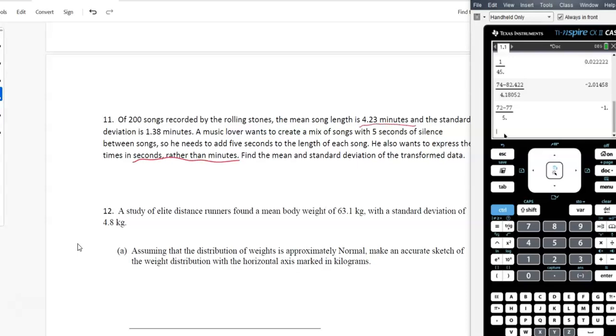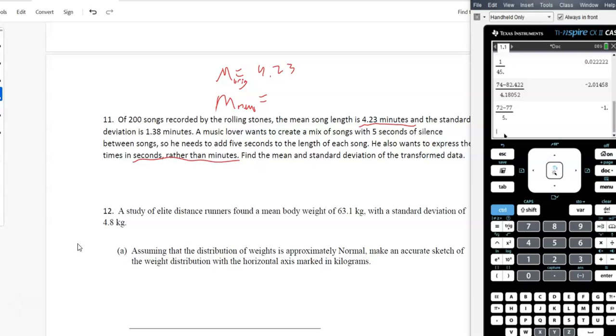So let's talk about what happens when you do conversion. If we want to convert to seconds rather than minutes, this is in minutes, so we're going to multiply the minutes by 60, right? When you multiply something by 60, let's take the mean. The original mean was 4.23. The new mean, what's affected? When you multiply by 60, does that affect the new mean?